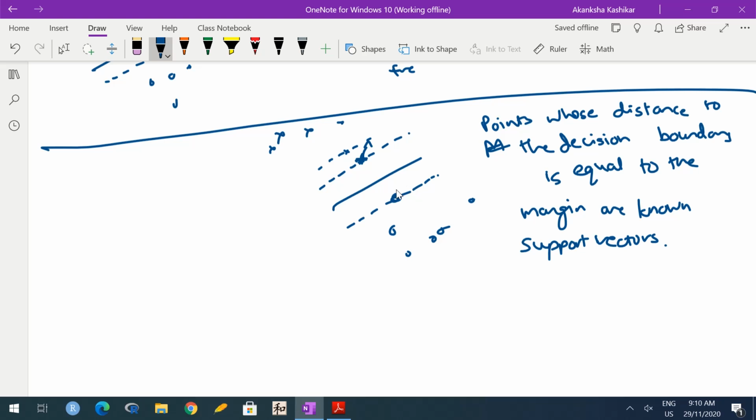So the equation of the classifier is altered only if new points are added which have distance less than or equal to m. If new points have distances strictly greater than m, then the equation of the classifier is not changed. Therefore, the equation depends only on the support vectors.